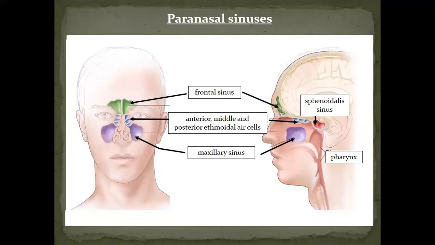And the function of these sinuses is actually to make these bones lighter, and with this, the whole skull will be a little bit lighter. This is one of the functions. The other function could be that these spaces can function as resonance rooms for phonation, for speaking, for making voice.